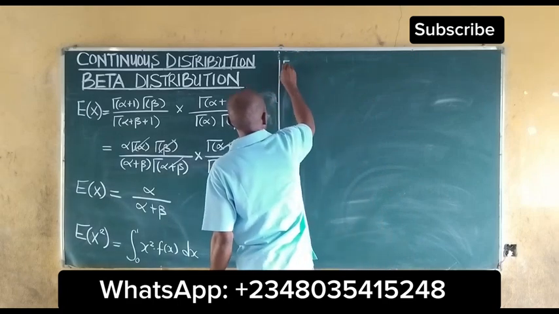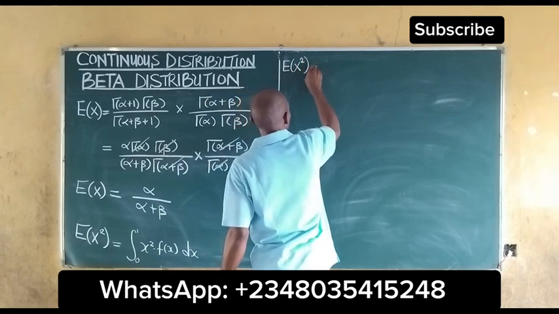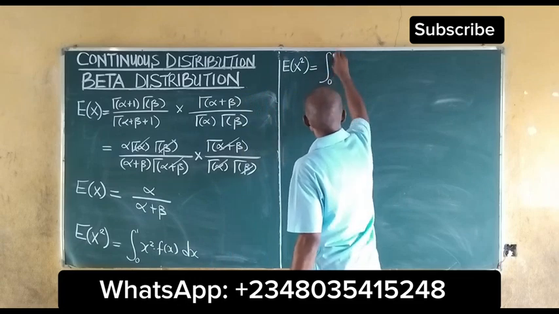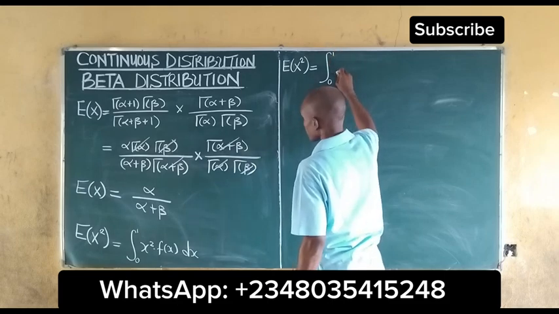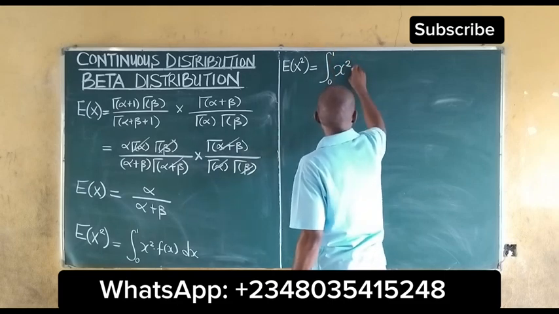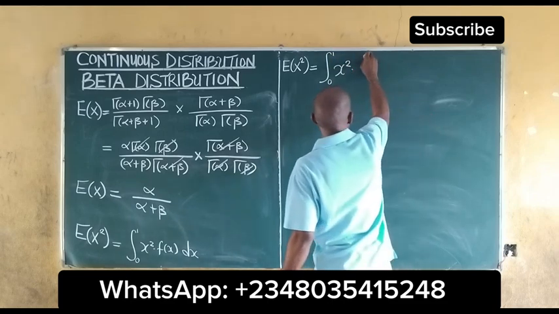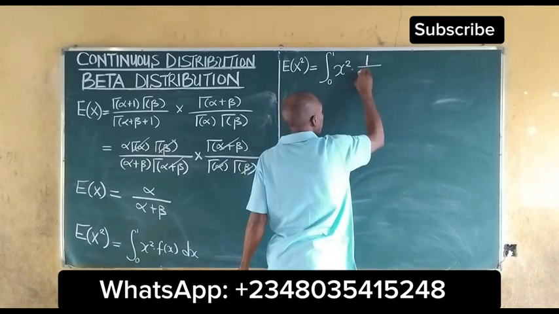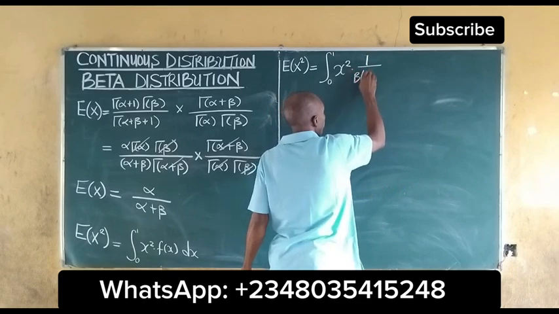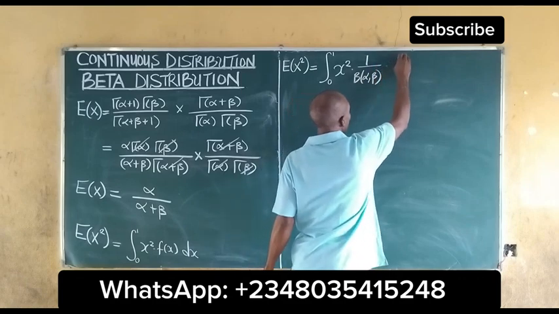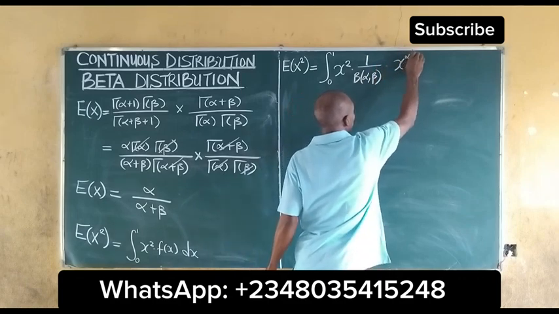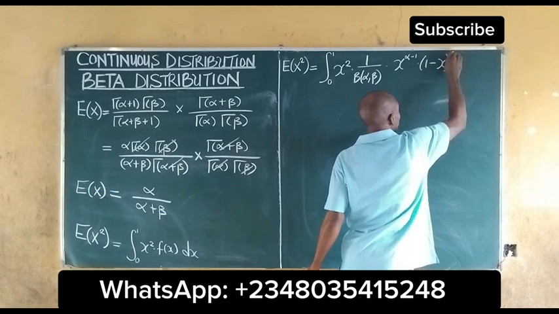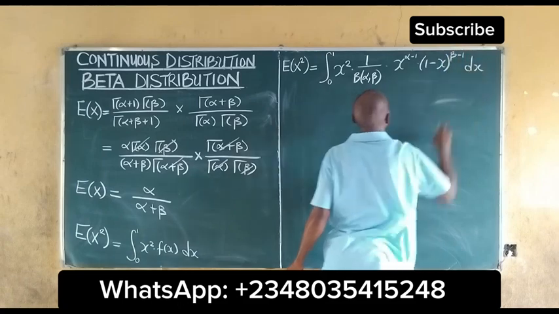It then means that our expected value of x squared will be equal to the integral, ranging from 0 to 1, of x squared multiplied by our distribution, the beta distribution, which is 1 all over B of alpha, beta, multiplied by x raised to the power of alpha minus 1, multiplied by 1 minus x to the power of beta minus 1, dx.